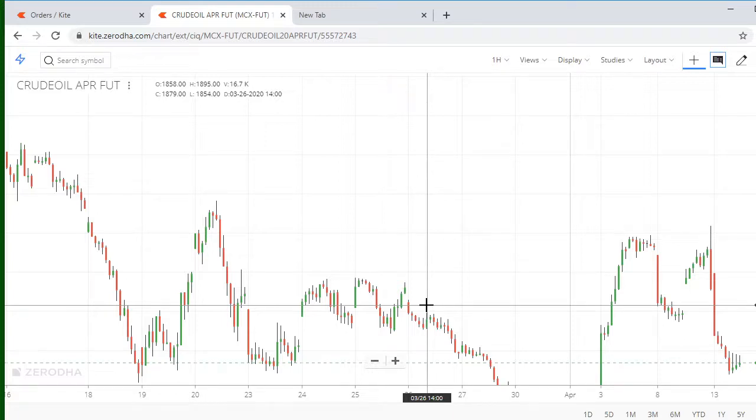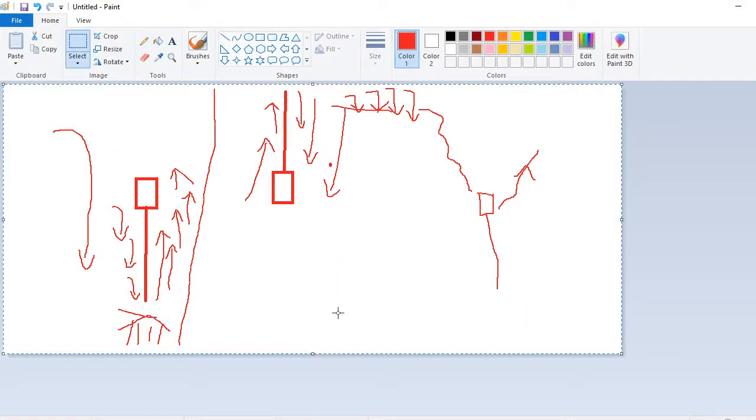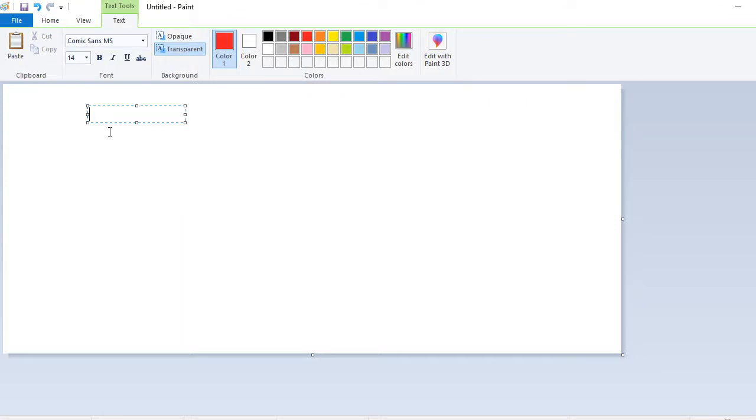Now let's go a bit deeper into types of candles. Today we cannot cover all the candles. Today let's discuss dojis. What is doji? What is gravestone doji?